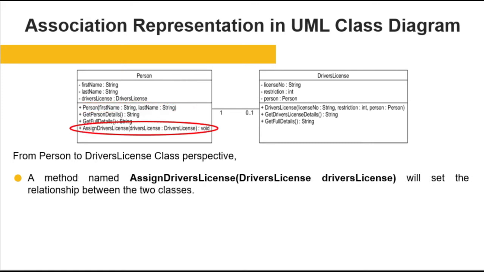A method named assign driver's license, which accepts a driver's license object here, will set the relationship between the two classes, wherein every time we create a driver's license object, we should call this method to assign the driver's license object to the person object.